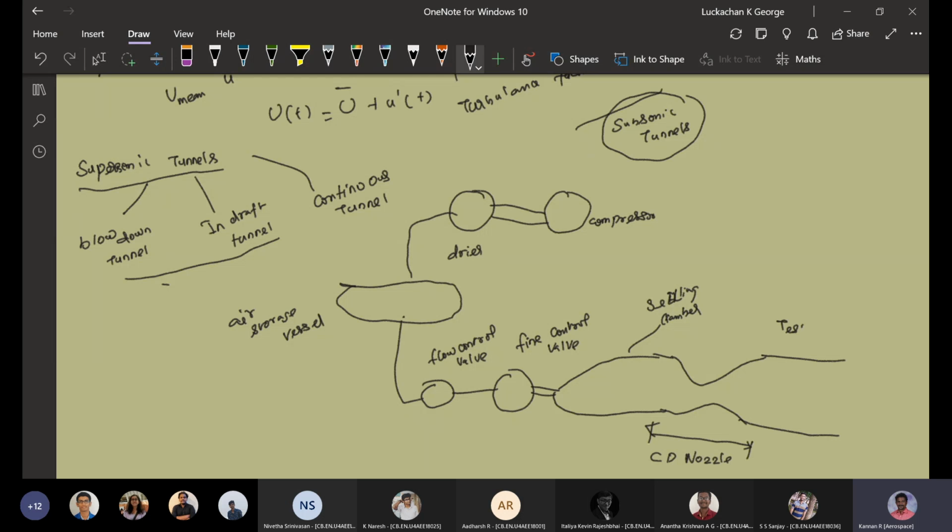Afterwards, there is one more convergent divergent nozzle, which we normally call the second throat. Then it goes into the silencer. Normally, in high-speed flows, sound is an integral part.